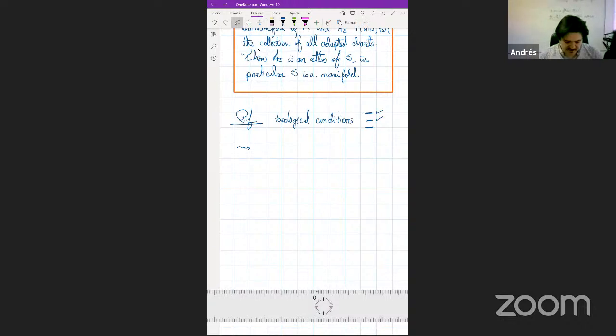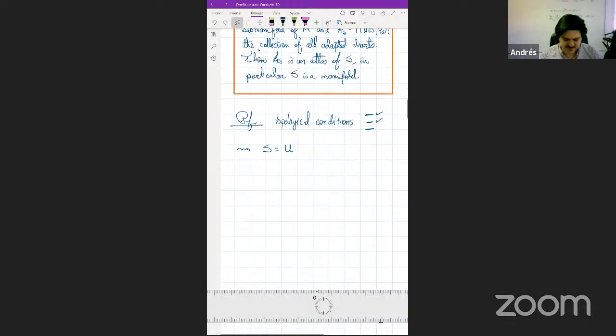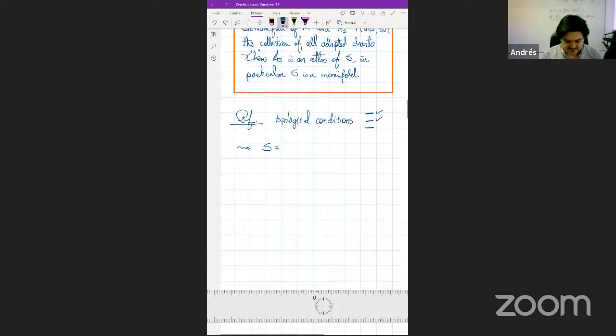So first, the first condition for an atlas is just that it has to cover my space.